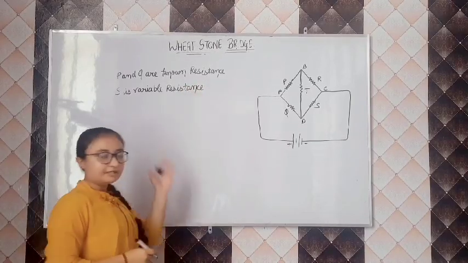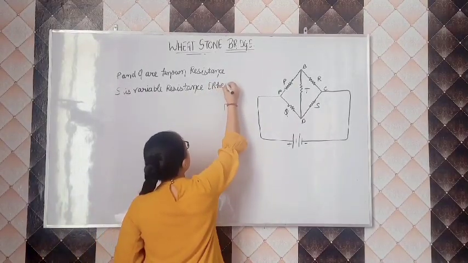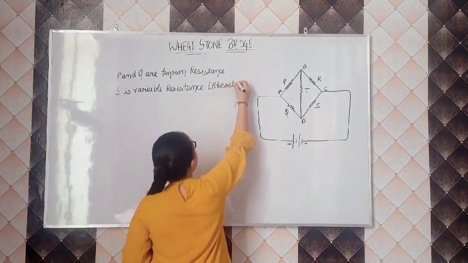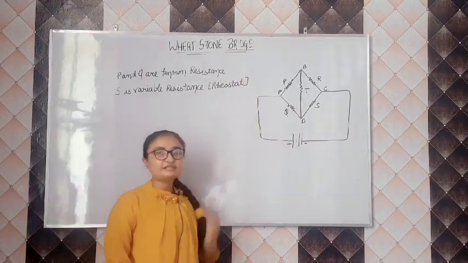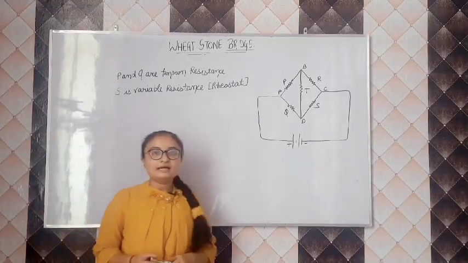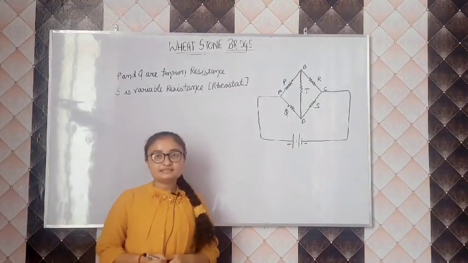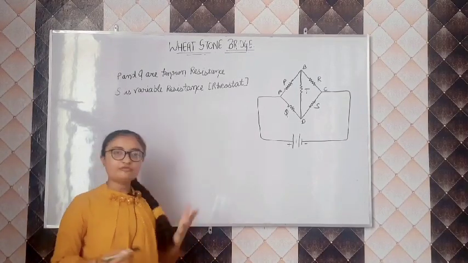What is the function of a rheostat? A rheostat is a variable resistor, and by changing the resistance we can control the current flowing in the circuit.